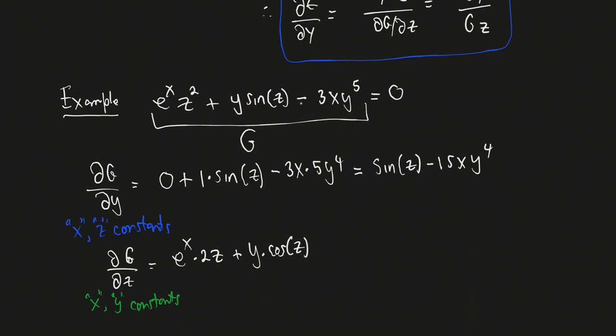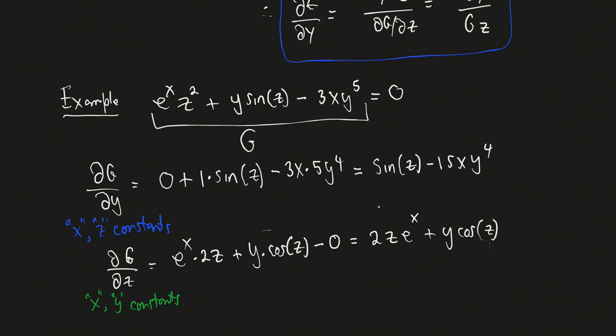And then with the minus, now when I look at this, this entire expression, there is no z involved. So this whole thing is being treated as a constant, so its derivative is 0. So our partial derivative of g with respect to z is this, right? So let's write it as 2z e to the x, and then plus y cosine of z.